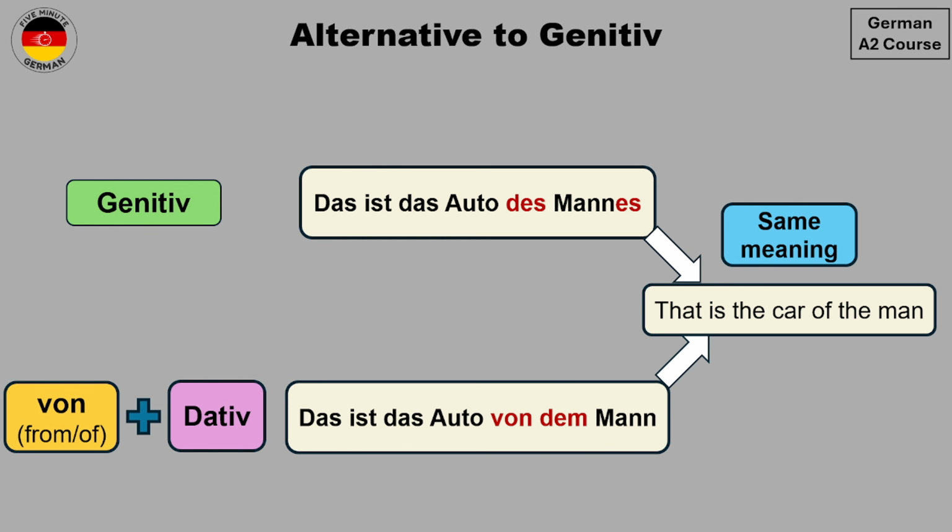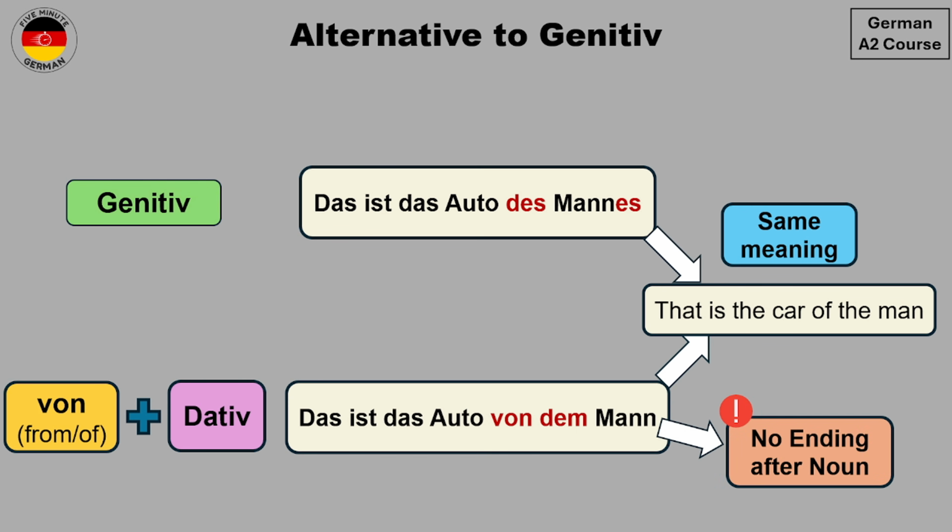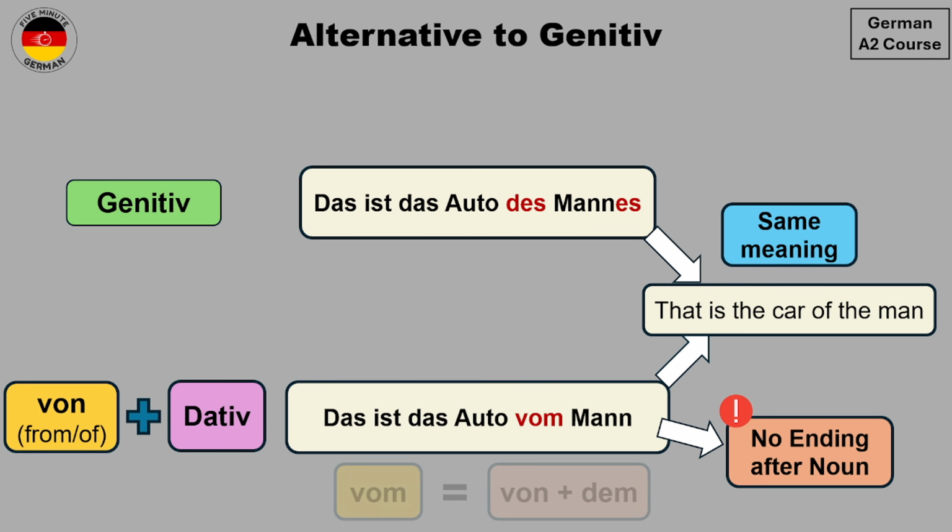The only difference is that when we use von, then there is no ending after the noun, as we do in case of genitive. And we can also write this sentence as "Das ist das Auto vom Mann," because vom is a combination of von and dem.